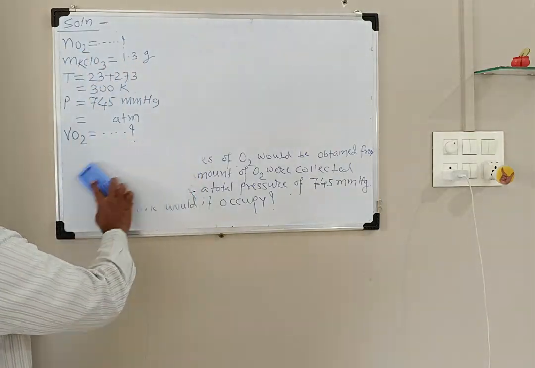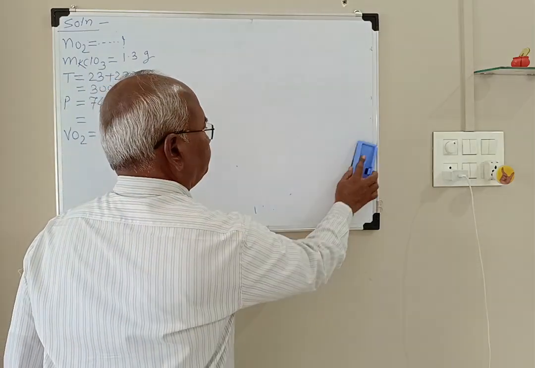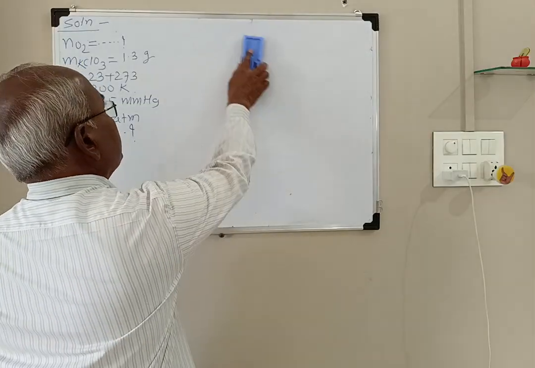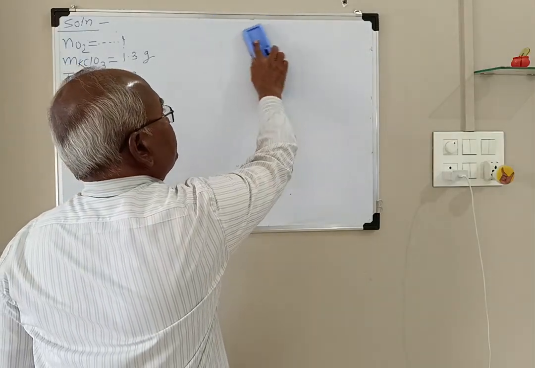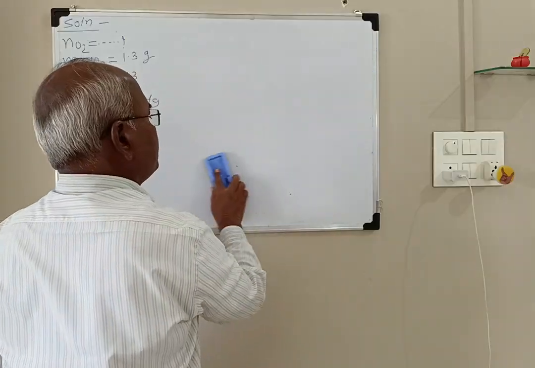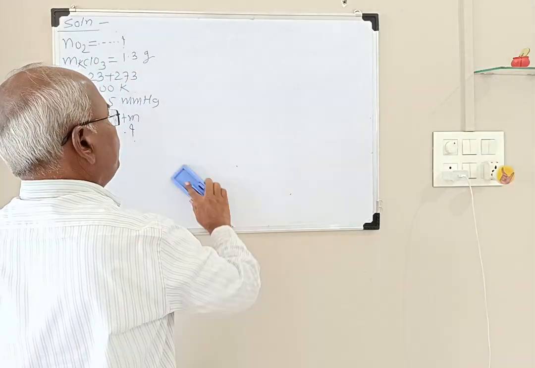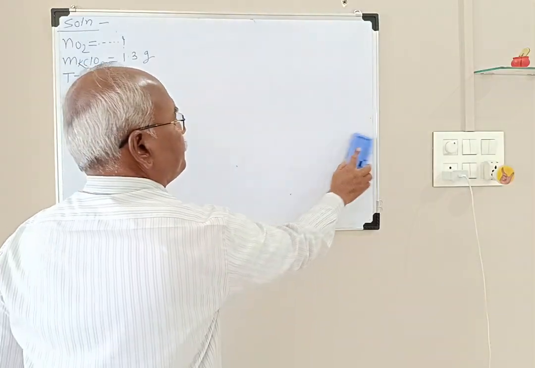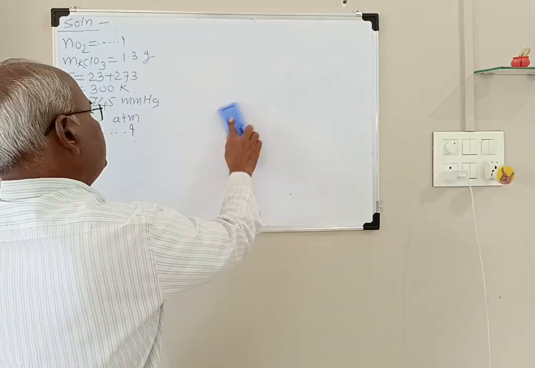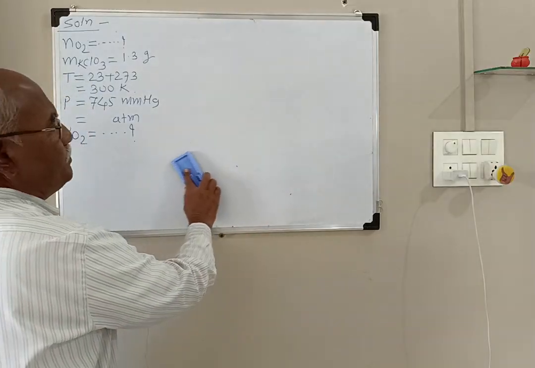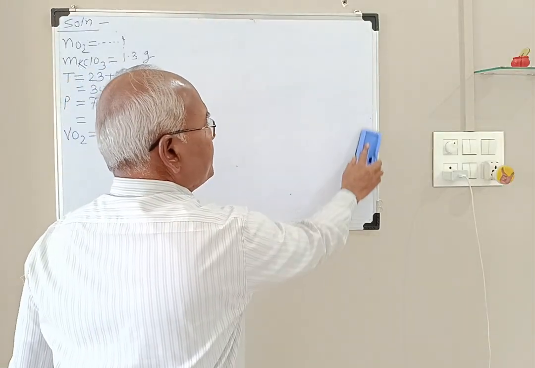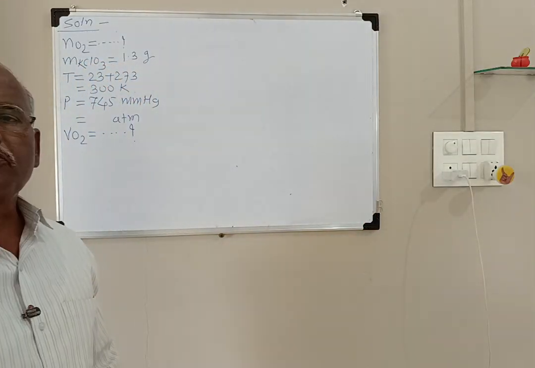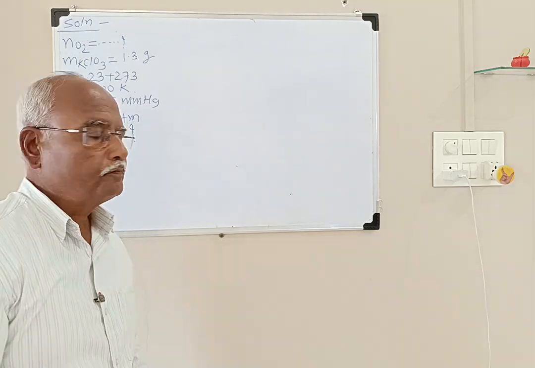I clean the board. Pressure exerted by water vapor is called vapor pressure of water, and the values of vapor pressure at different temperatures are given in your book.